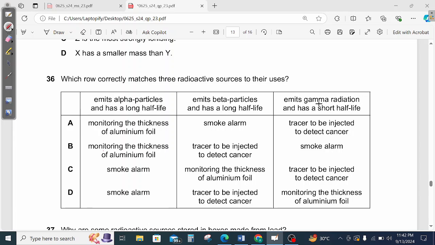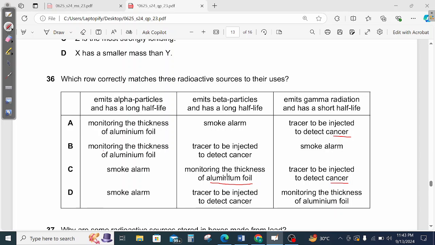Remember one thing, gamma is mostly used in cancer treatment. If you look on this one, yes, this is the cancer and this is the cancer. And beta, if you look on the penetrating ability of beta particles, is mostly used to check the thickness of the aluminum foil. Yes, because it can be stopped by the aluminum foil.